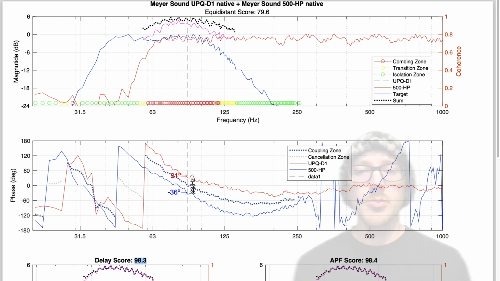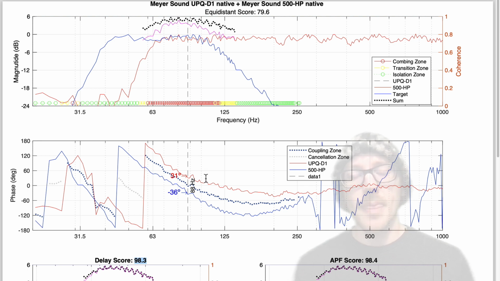So I wouldn't put a filter on 88 hertz, but if I wanted less than 90 degrees of phase shift, I could put a filter up a little bit higher. So we might talk about a second order filter, or a first order all pass filter, to create something that's a little bit less than 90 degrees of phase shift in this area.